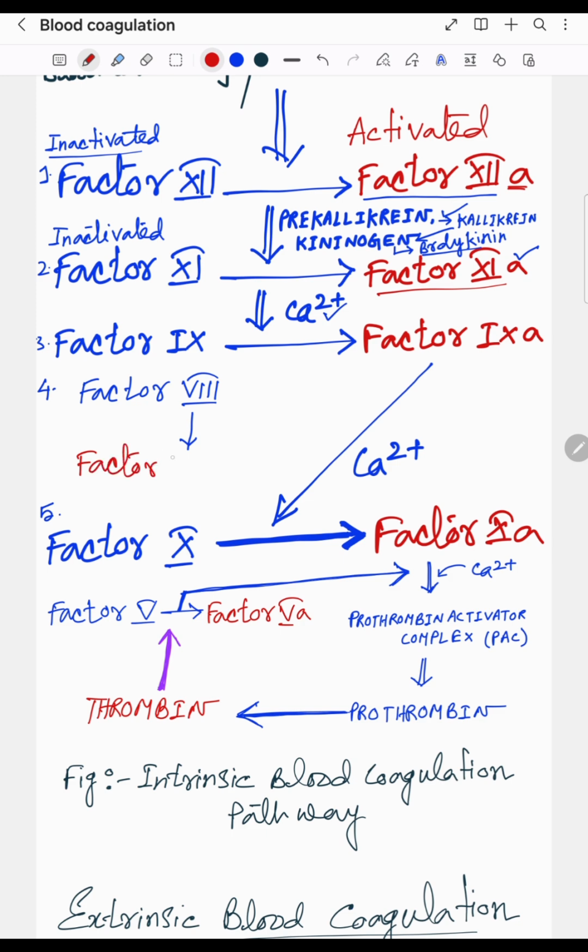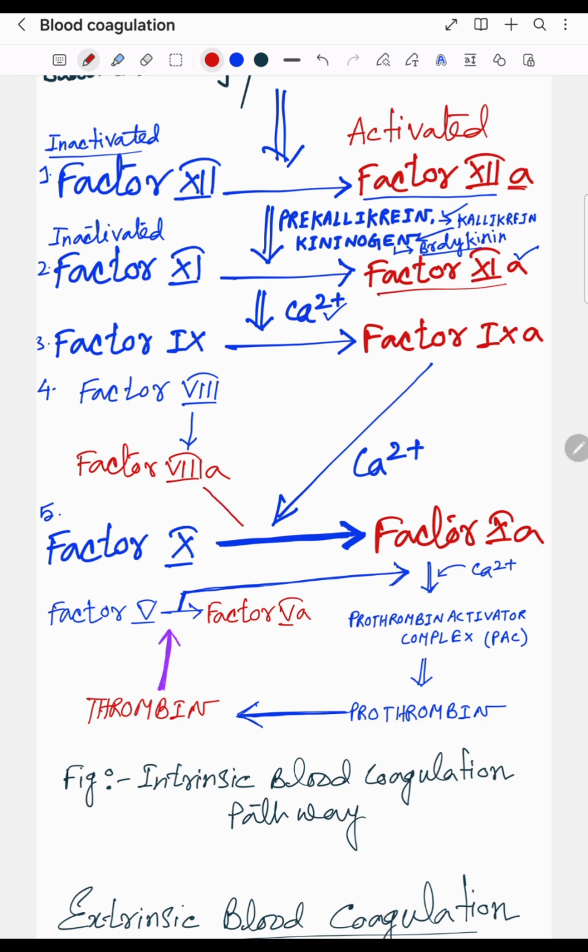It's very interesting that for activation of factor 10A we need a complex, and that is formed by factor 9 and factor 8.